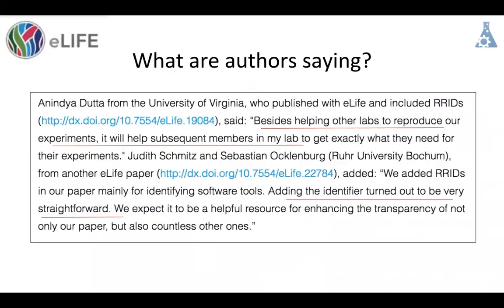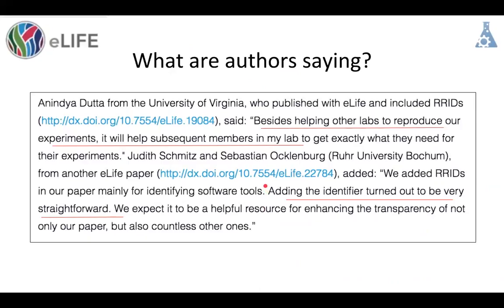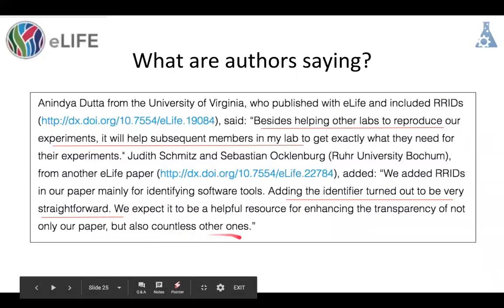It turns out that when asked, some of the eLife authors that had published papers with RRIDs were able to say things like, adding the identifier turned out to be very straightforward. They think that it's helpful to enhance transparency of not only our paper, but also countless others.